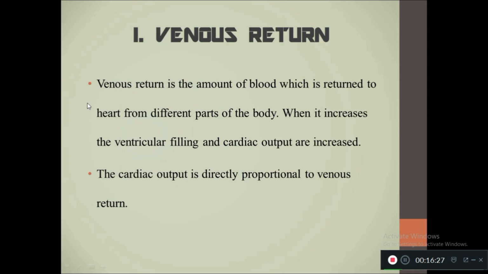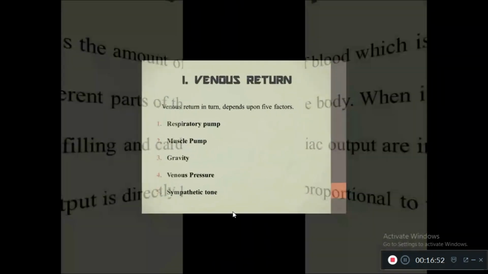If the ventricular filling is more, that means the venous return is good and the cardiac output is also going to be good. The cardiac output is directly proportional to the venous return, as I already told you. When the venous return is high, the cardiac output also goes high.